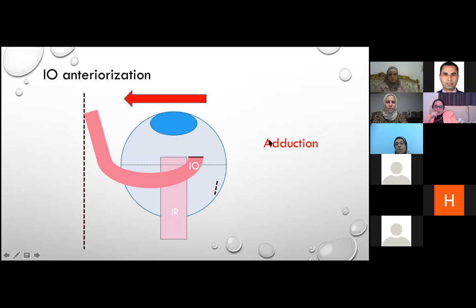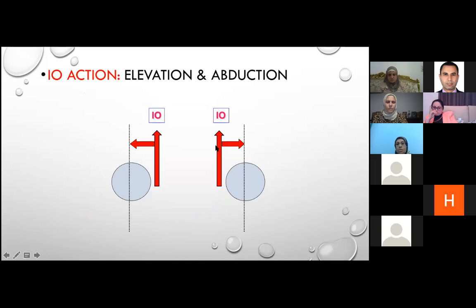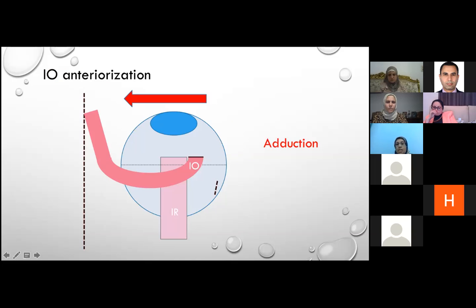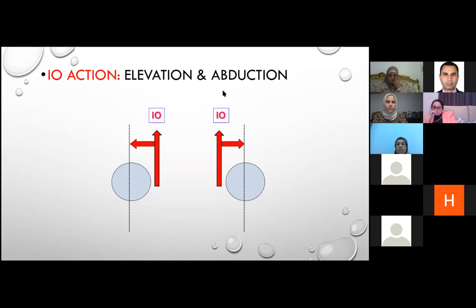So its action will turn from abduction into adduction because now it's acting on the front of the eye and not on the back of the eye. So its action turns into depression and adduction. The normal action of the inferior oblique is elevation and abduction.